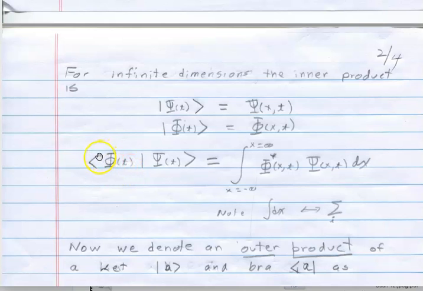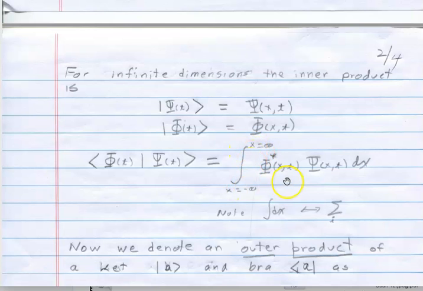For infinite dimensional Hilbert spaces, which many quantum mechanical systems are described by, if I took the inner product of these two state vectors, I would get the bra form for this one and the ket form for this one, and I simply think of this as a definition.